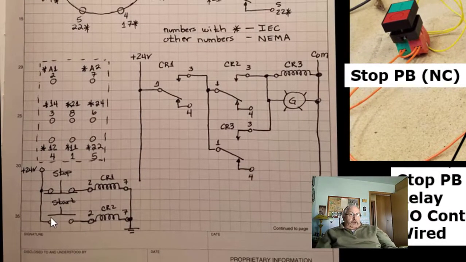The start push button normally open, CR2 is not energized. Therefore, I wired the normally open contacts. So this normally open contact gets wired to the wiper, and the wiper, I call it a wiper, it's the pole.